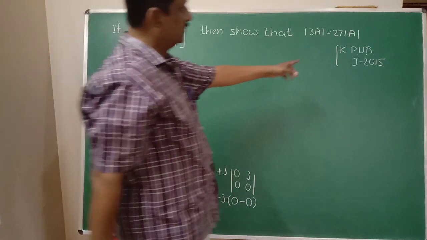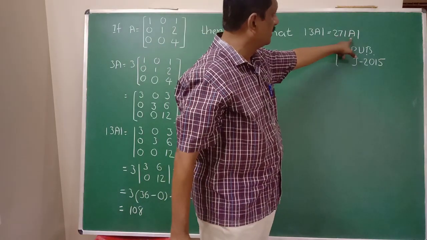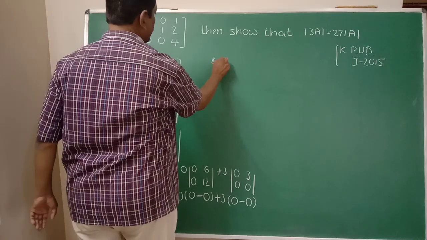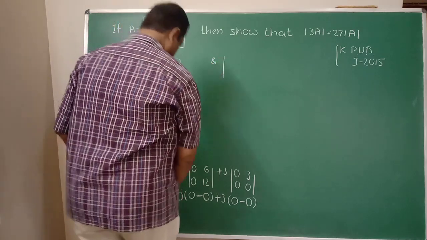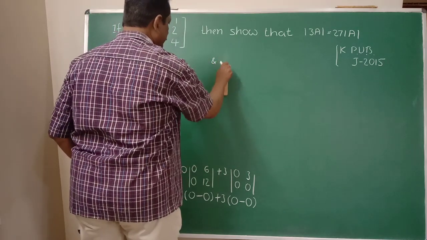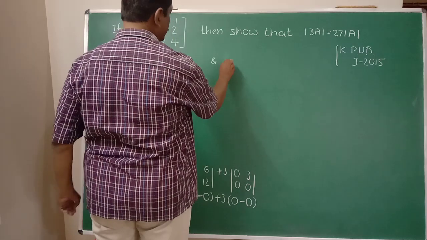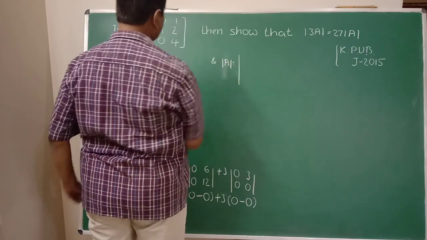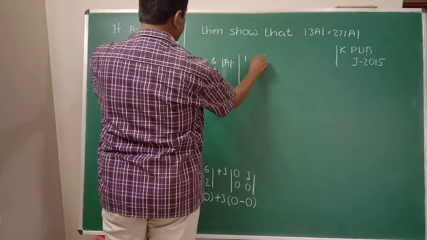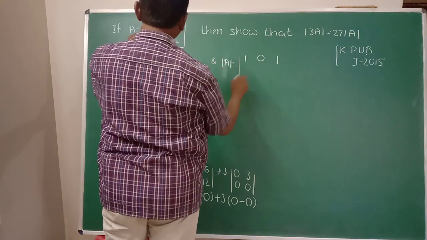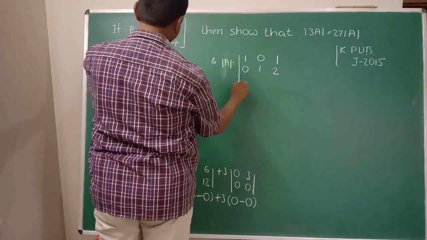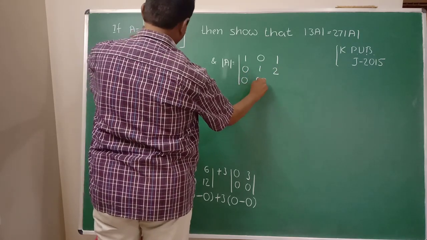And in the RHS, 27 into determinant of A. First you find the determinant of A. Determinant of A. Okay. So determinant of A is equal to 1 0 1, then 0 1 2, then 0 0 and 4.